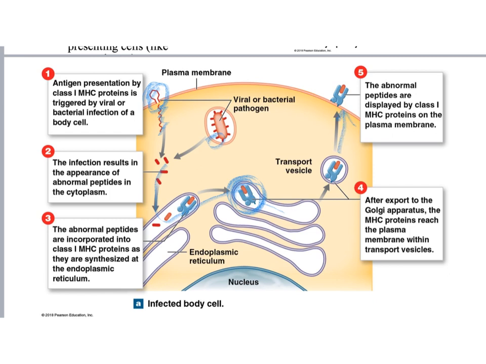And now you have MHC1 proteins that happen to be holding out this foreign protein. So then a T cell that's floating by will recognize that complex and can then, if it's a cytotoxic T cell, actually destroy that cell.